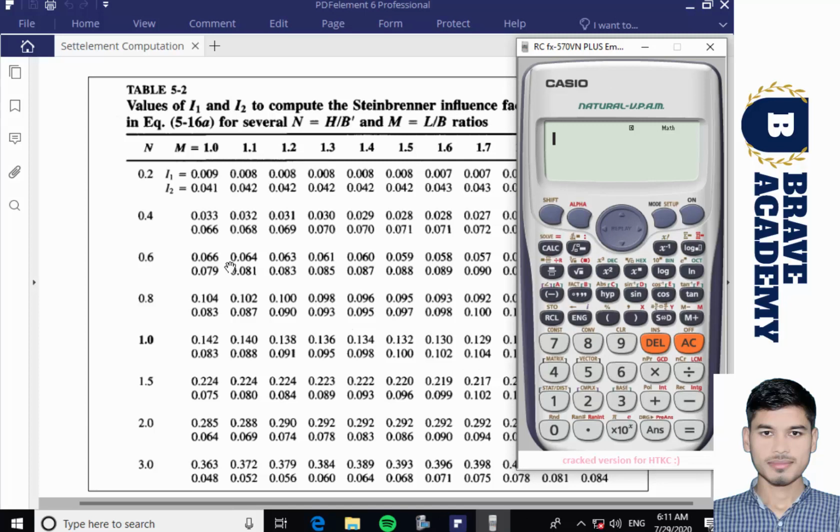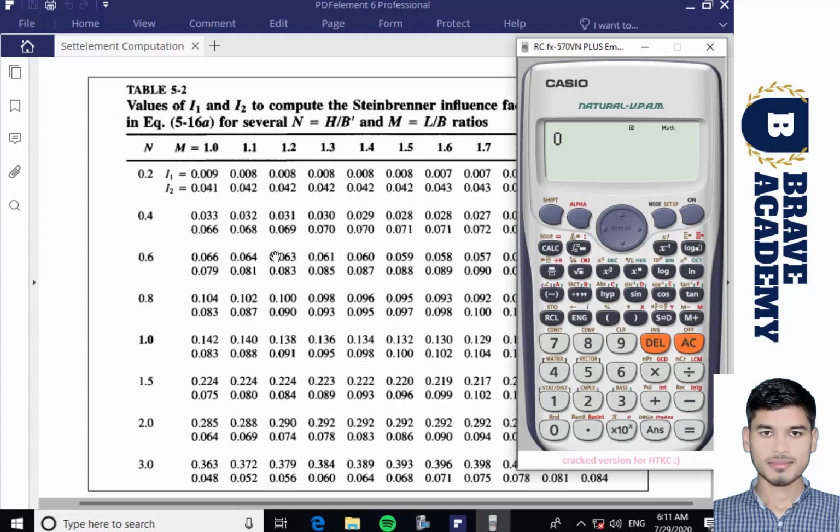At 0.6, corresponding to 1.2, the value of I1 is 0.063 and I2 is 0.083. The value at 0.8 is increasing. I1 is also increasing from 0.063 to 0.100 and I2 is also increasing from 0.083 to 0.090. Now we will interpolate for 0.7.